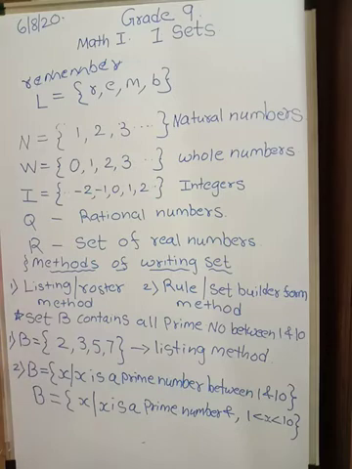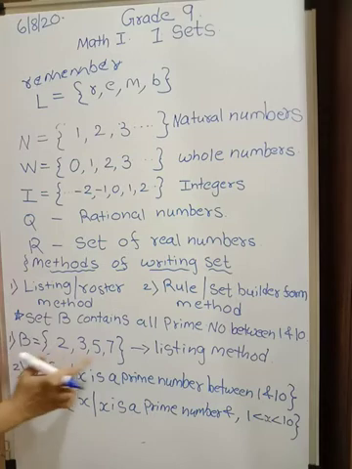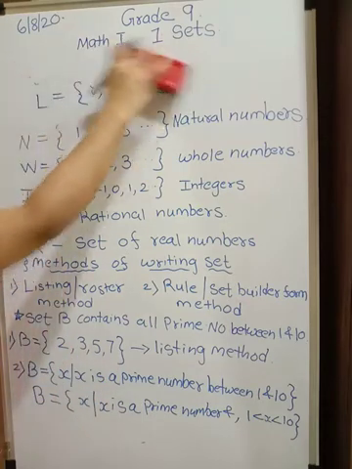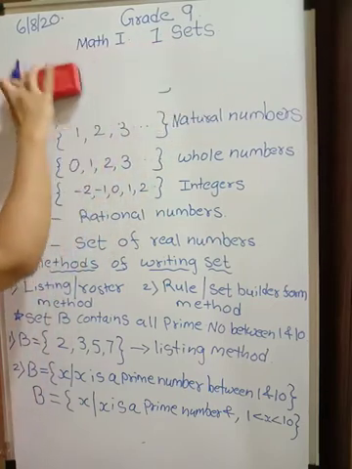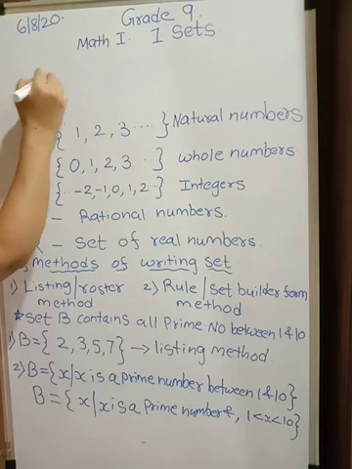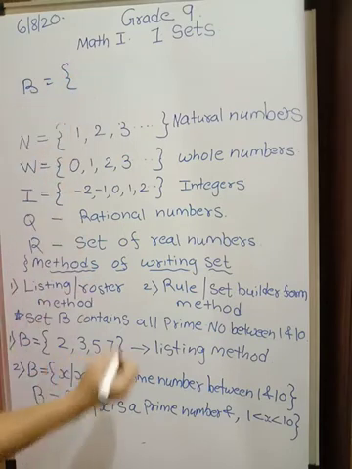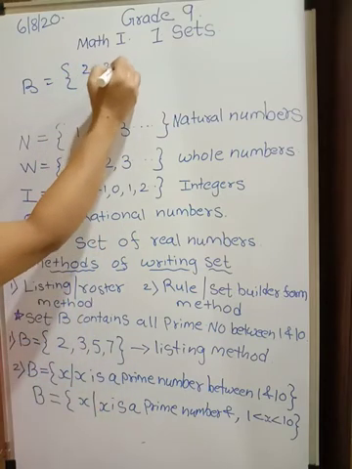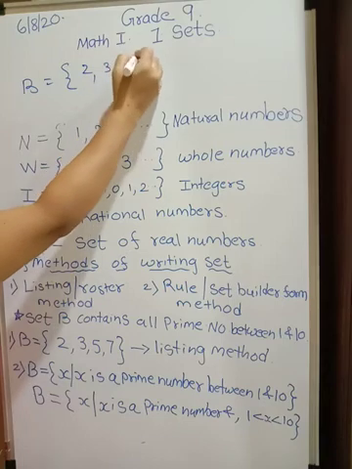One more thing I want to tell you. If I am writing the set of all prime numbers between 1 and 10, I can write this set like this also. See, first I will show how I have written below. I have written B is equal to, and I have listed 2, 3, 5, 7.